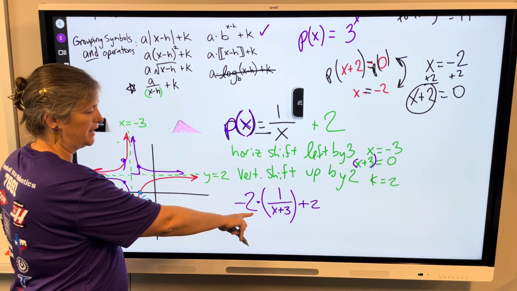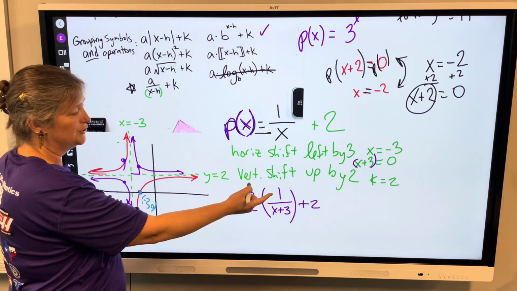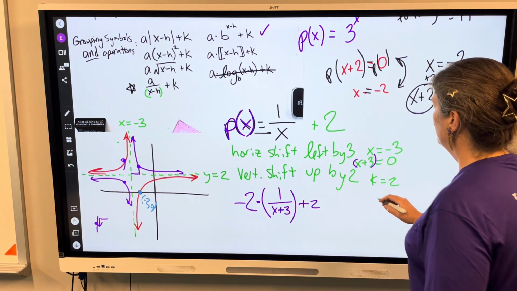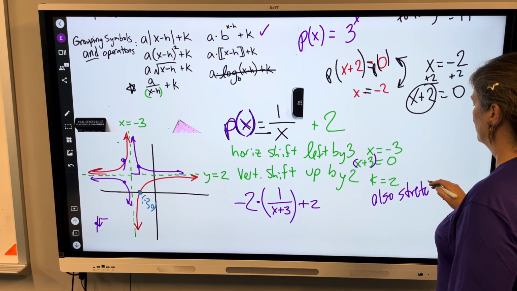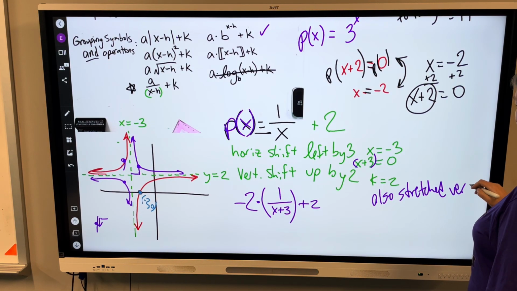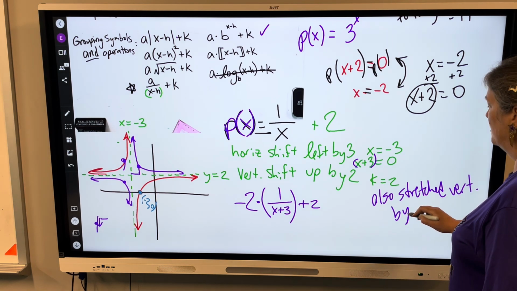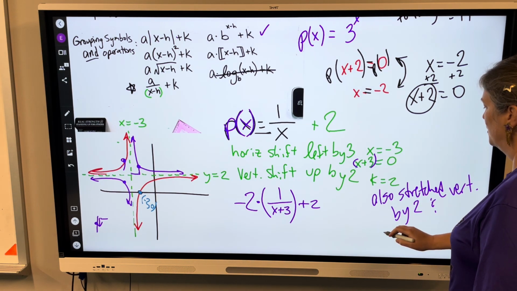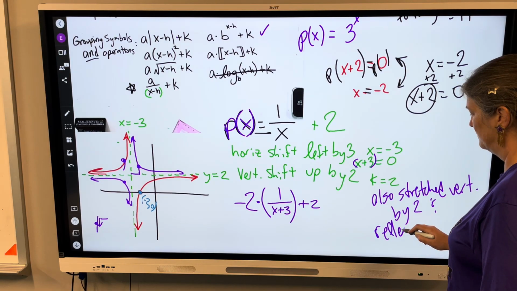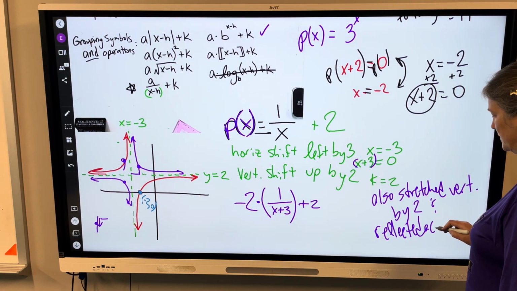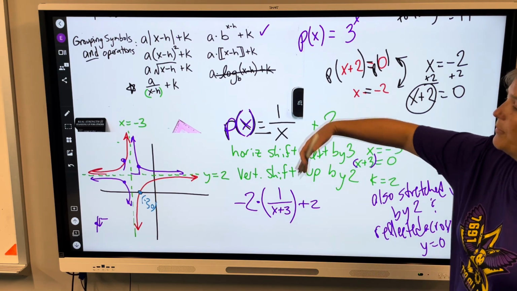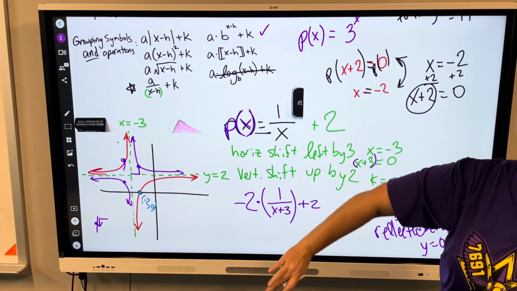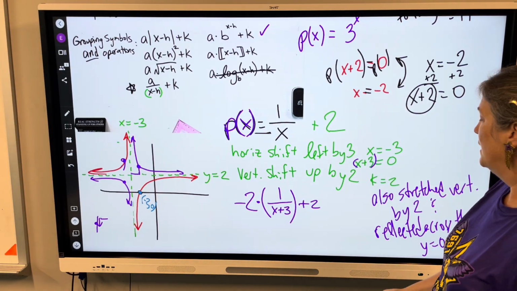Reflect, stretch. So if I need to describe this, I really should say it is also stretched vertically by 2 and reflected across the y equals 0 line. I turned all my y are positives into y are negatives. I turned all my y are negatives into y are positives.